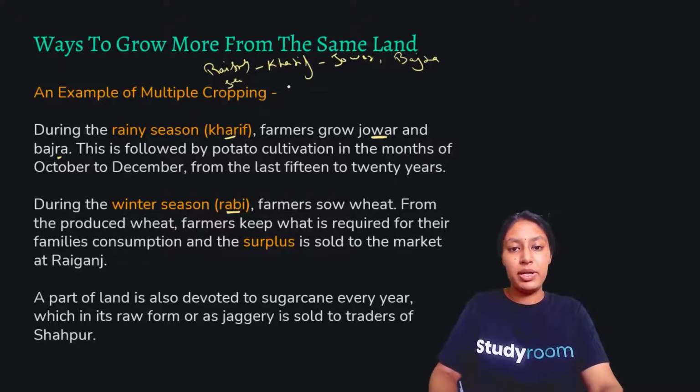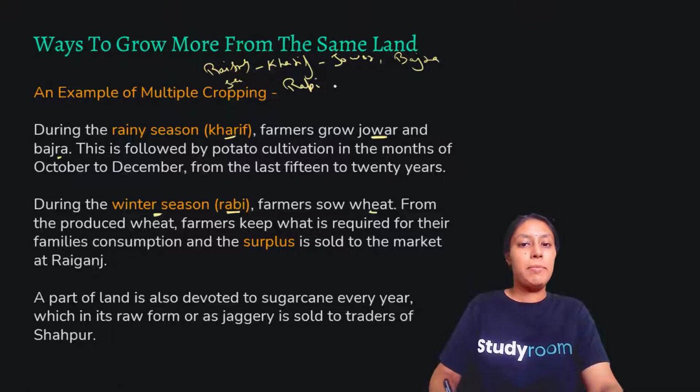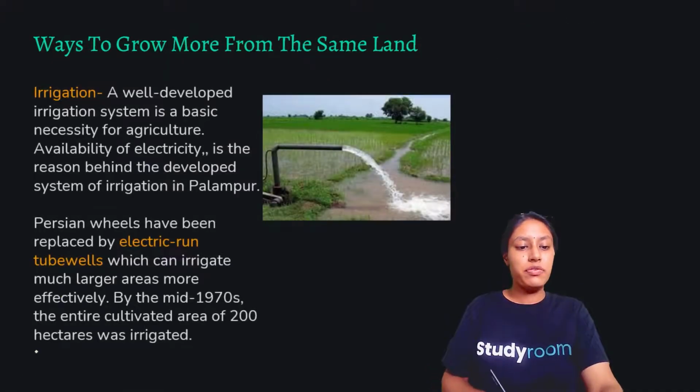Next, we have the rabi crop. Rabi crop is for the winter season, and farmers majorly sow wheat. So the major supply from rabi is of wheat.